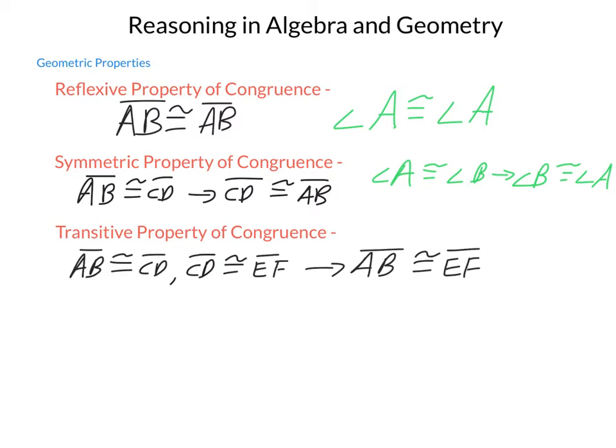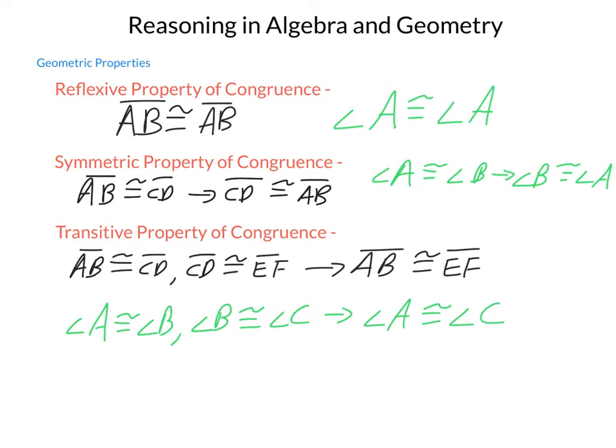Then, with our angles, if angle A is congruent to angle B, and angle B is congruent to angle C, then we can simply say that angle A is congruent to angle C. And once again, we're just skipping over B as a middleman and going straight from the first to the last.